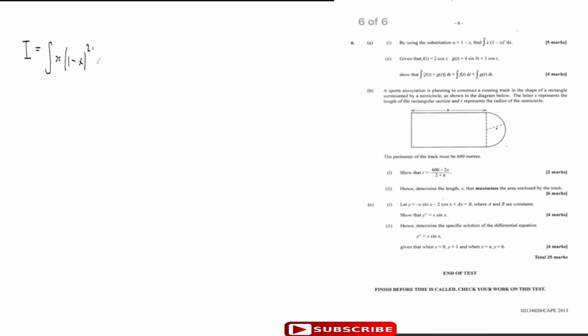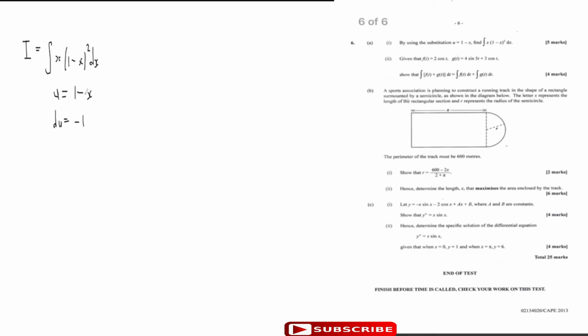I'm going to use substitution. Using u substitution, we're calling u 1 minus x. So if u is 1 minus x, then du is equal to minus 1, right?